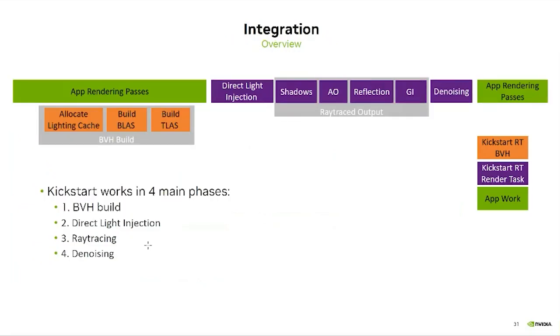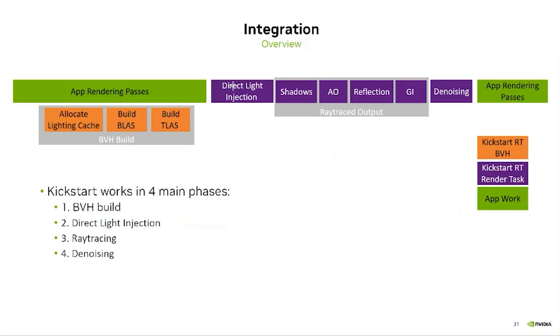So let's now take a look at the overview of the frame. Once you've integrated Kickstart into your application, you'll see these new render passes. So the orange ones are to prepare the LightingCache memory and to build the BVH. And these can happen in async compute in parallel while your original application, which is green, does something, probably rasterization and other effects.